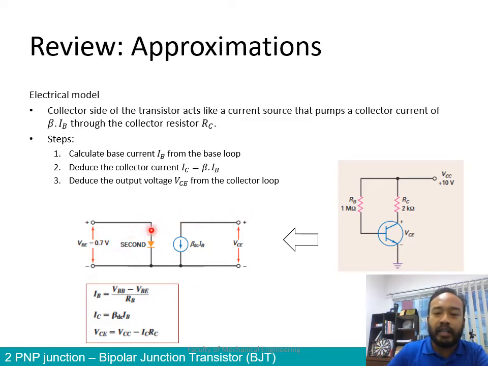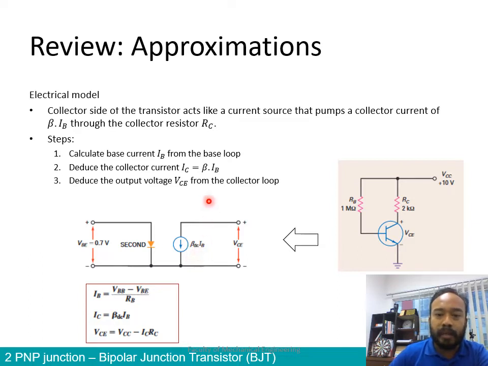Therefore, the left part is the equivalent circuit of our base loop, and the right part is the equivalent circuit of the collector-emitter loop. In the collector, it acts as what we call a current source, where it pumps current from collector to emitter, with a current that is proportional to the base current, with a coefficient of proportionality beta, which we call the current gain.